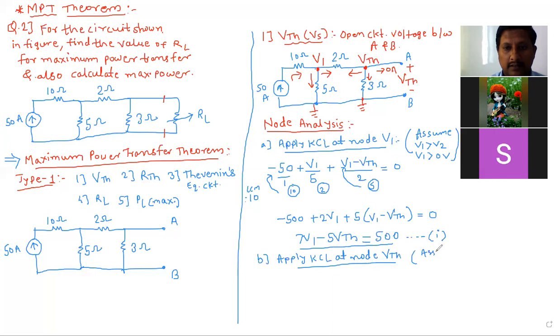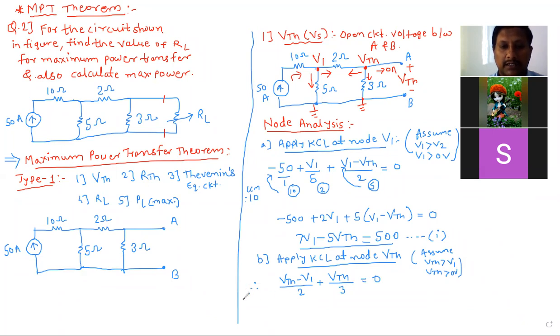So the assumption will be VTH is greater than V1 and VTH is greater than 0. The third branch is already 0 ampere because the open circuit is there. So only two terms will come. Both are outgoing, that's why both are positive. VTH minus V1 divided by 2, next plus VTH minus 0 divided by 3 is equal to 0. Already the third current is 0.